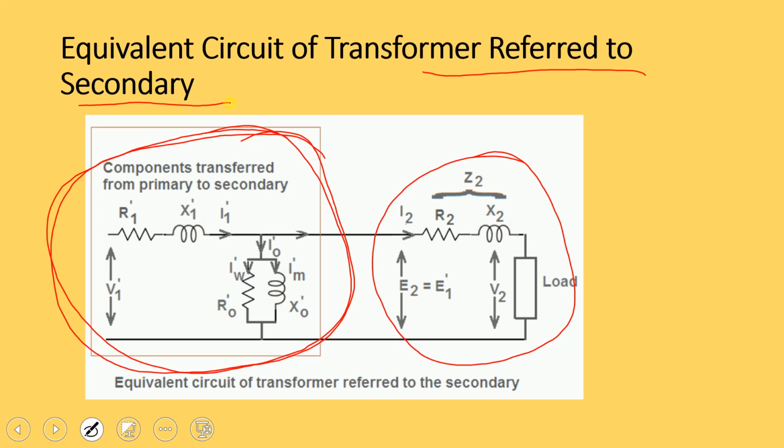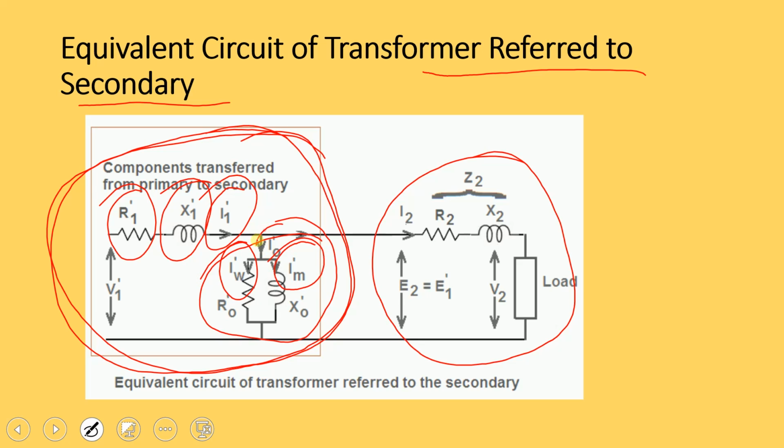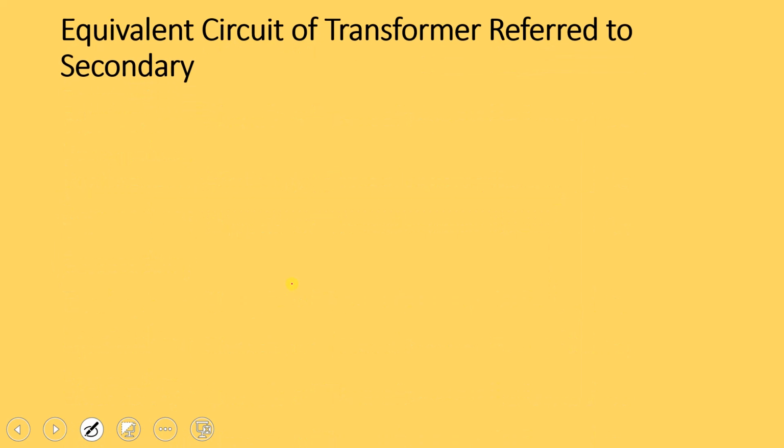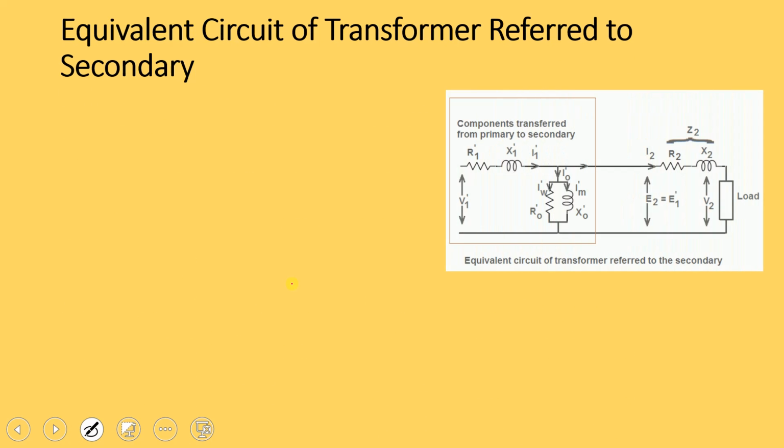When we are moving the primary towards the secondary, R1 becomes R1 dash, X1 becomes X1 dash, and I1 becomes I1 dash, and in this exciting circuit all the components become dashed: IW becomes IW dash, IM becomes IM dash, the no load current I0 becomes I0 dash, similarly R0 dash, X0 dash. This is the equivalent circuit of the transformer referred to secondary.